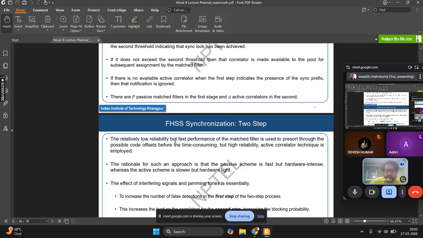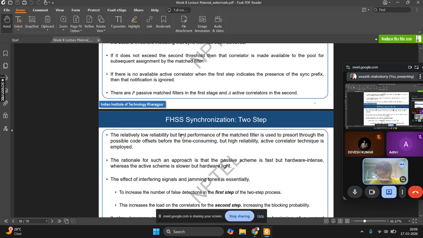The relatively low reliability but fast performance of the matched filter is used to pre-sort through the possible code offsets before the time-consuming but high-reliability active correlator is used. So you use a fast process to get a coarse idea of when synchronization can be done, and after you have got the coarse idea, only then you start the actual reliable but expensive serial searching.